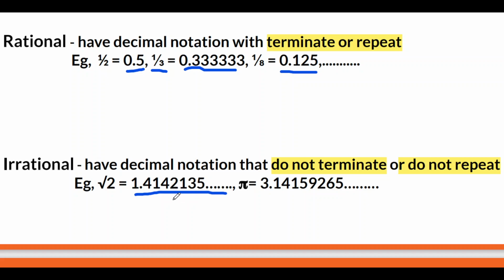So what we need to know is that the values of irrational numbers do not terminate and also do not repeat. Okay, so it's simple. Irrational numbers are the numbers that do not terminate or repeat. So that's the difference between rational and irrational numbers.